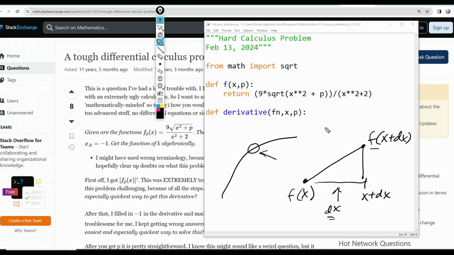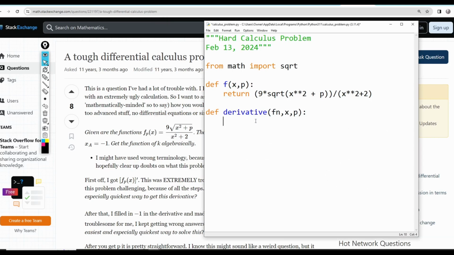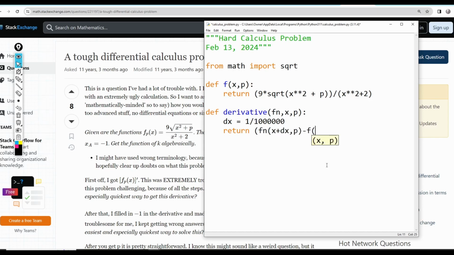Find out for what p is the derivative at -1 equal to 2.5.